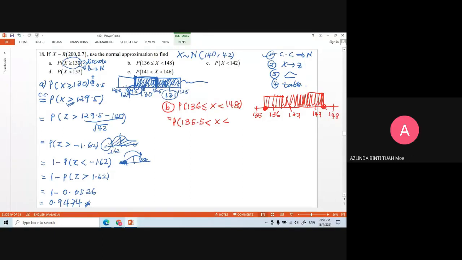Belum sampai 148 lagi. Dia nak sampai 147 je ni. 136.5, madam. Okay, 136.5 until 147.